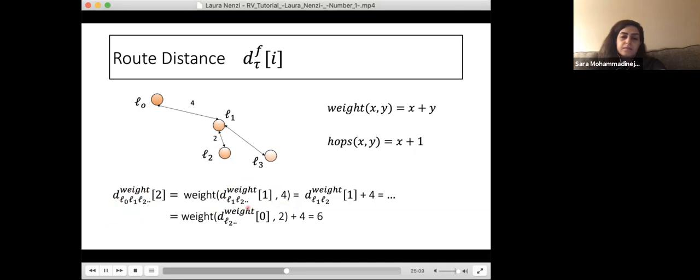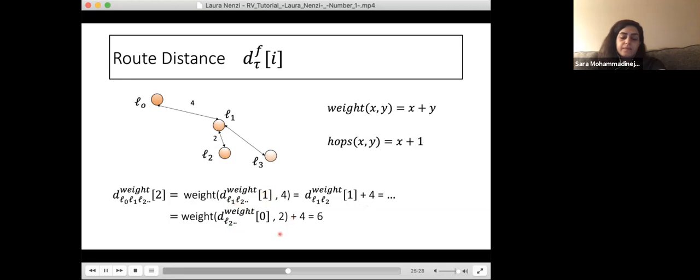And here you are going to consider the distance of the route from the next step, so from L1, decreasing the index by 1, so to 1. Then here is just the sum, and here you are doing the same again.